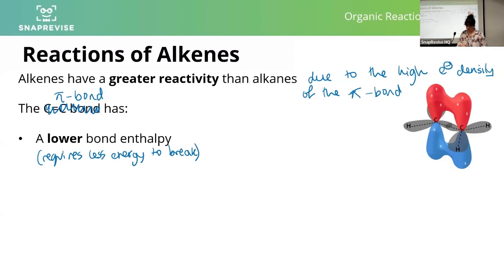A pi bond also has a higher electron density than a sigma bond. Hopefully, understandably, because you've got 4 electrons associated with a carbon-carbon double bond, so more electron density near where the pi bond is than you do in a sigma bond.